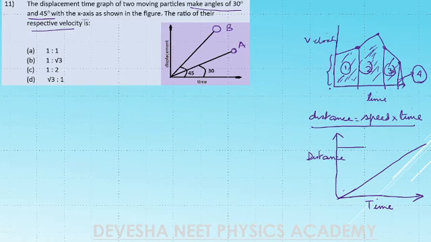Let's take an example. Imagine the body travels a distance of say 20 meters in 5 seconds. What will be the speed in this case? We all know speed is equal to distance by time, so 20 by 5 is equal to 4. Now let's visualize it differently.